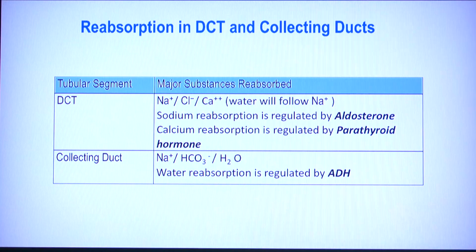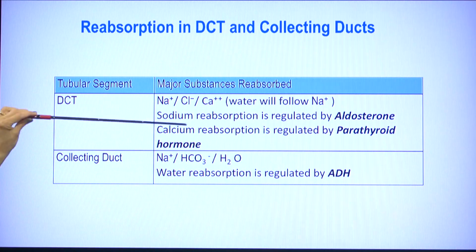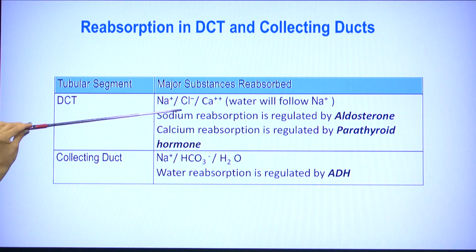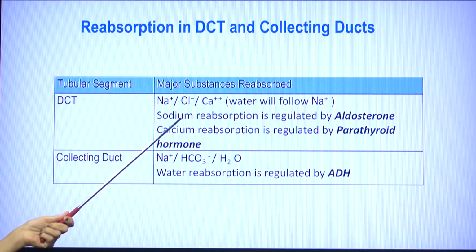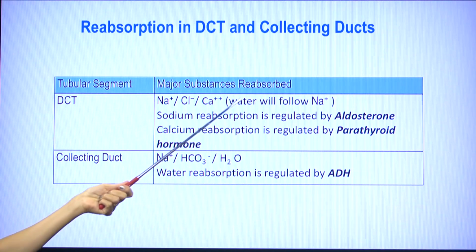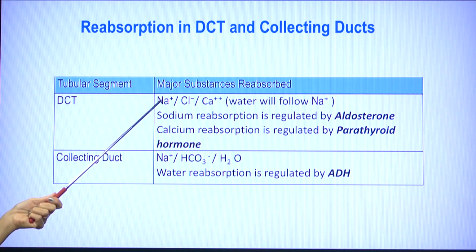The final part of reabsorption, what occurs in the distal convoluted tubules and the collecting duct, the reabsorption of sodium, chloride, and calcium will occur in the distal convoluted tubule. Remember that some more water is going to be reabsorbed because water always follows the sodium.